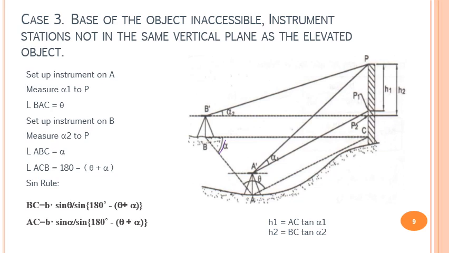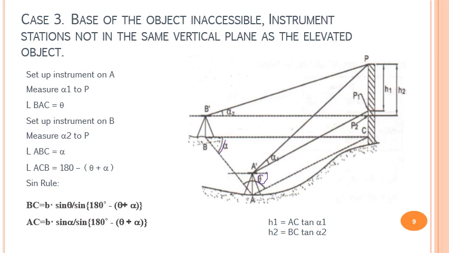Then set up the instrument at A, measure alpha 1 to P, then angle BAC is equal to theta. Then set up the instrument at B, measure alpha 2 to P, then angle ABC is equal to alpha.